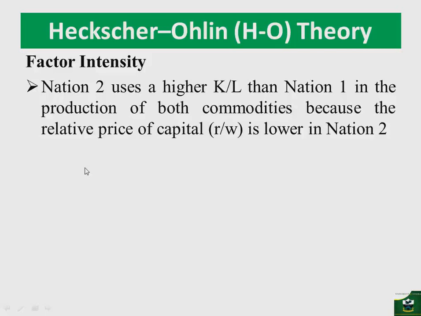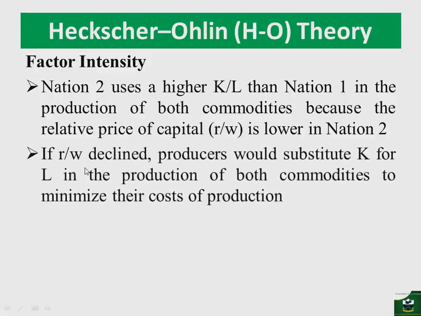Okay, so with that then, if the factor price ratio declined, producers would substitute capital for labor in the production of both commodities to minimize their cost of production. So if we are seeing this part declining, the only way this part will decline is, number one, if we reduce the numerator, that is, if we reduce the rental price of capital, keeping the denominator constant.